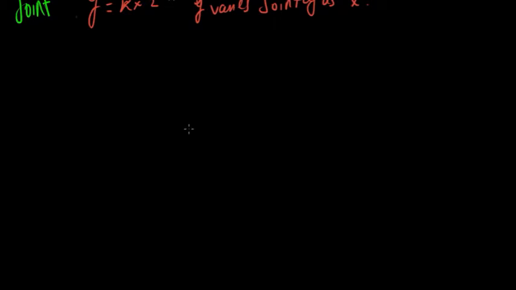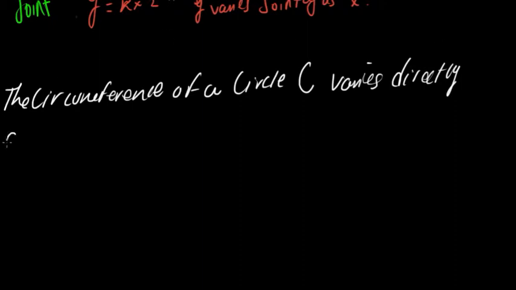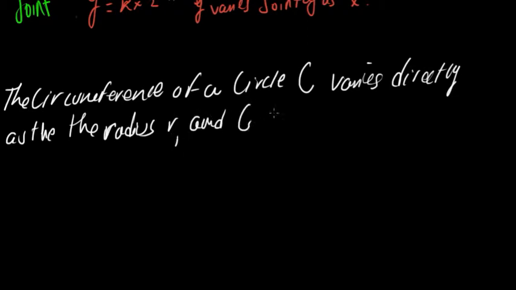Let's say the circumference of a circle C varies directly as the radius R, and C is equal to 7 pi.